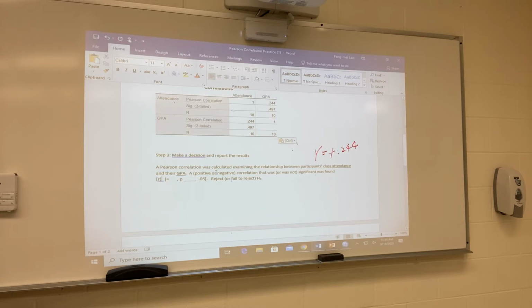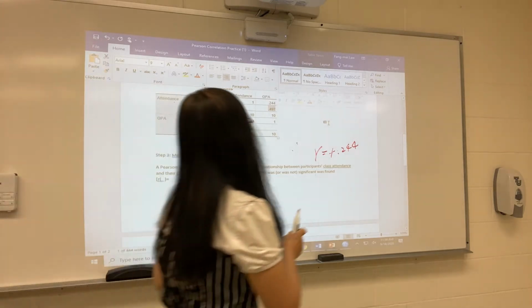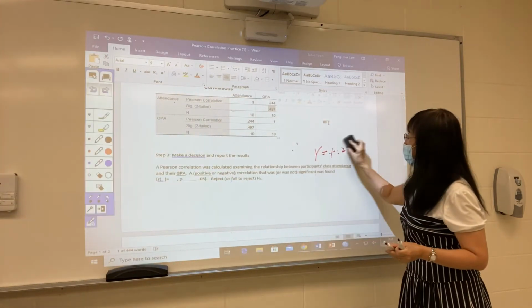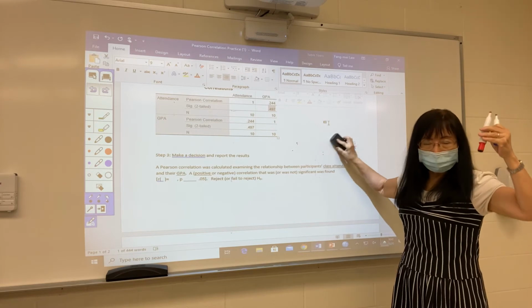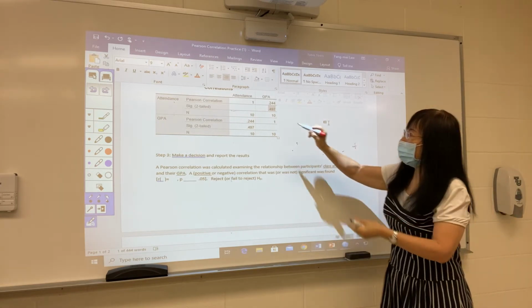First of all, is that a positive or negative correlation? Positive, so let's highlight and underline the positive. A positive correlation that was or was not. Now I want you to look at Sig, the number. From this moment, remember this number.